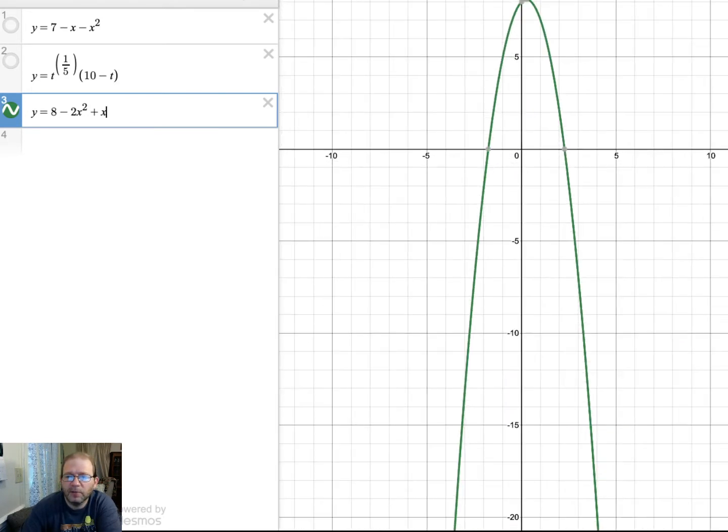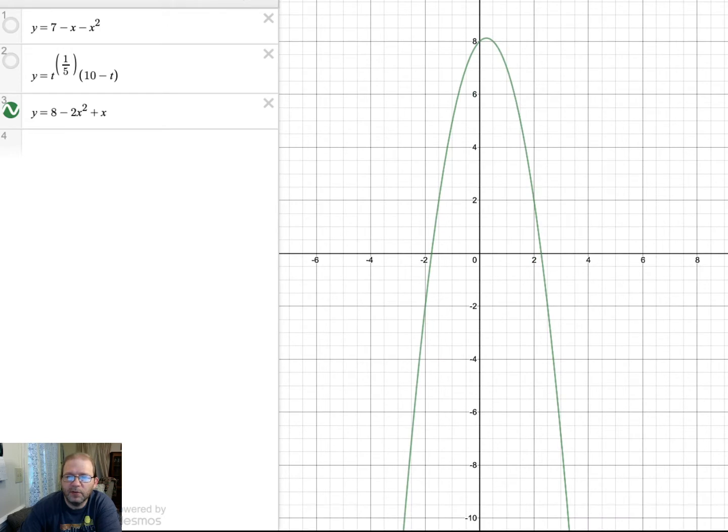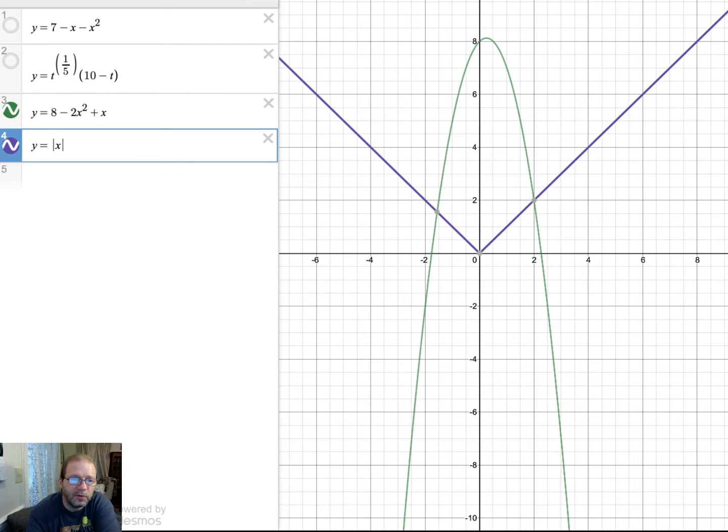This parabola is going to have a derivative of 0 up there at the vertex, so the x coordinate of the vertex is a critical number. Similarly, if I graph the absolute value of x, this has a critical number down there at the vertex of the V, and that's a place where the derivative is undefined. So that's the motivation behind finding critical numbers.